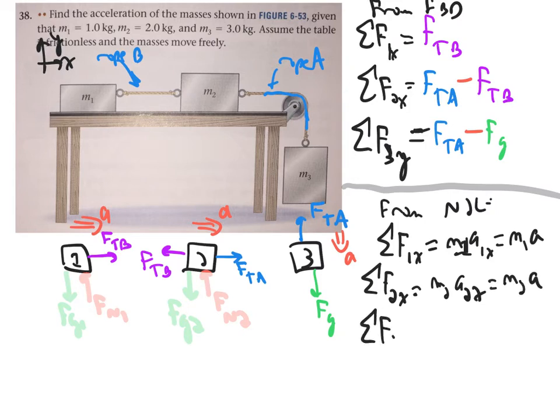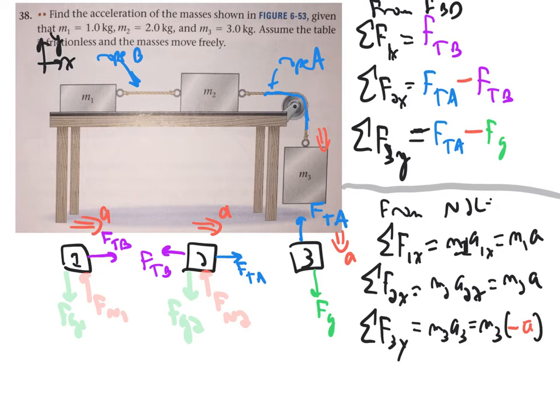And then F3y is going to be m3 times a3. But here we need to be careful because a3 is not a, but minus a, because the block moves downward, which is opposed to our earlier stuff.